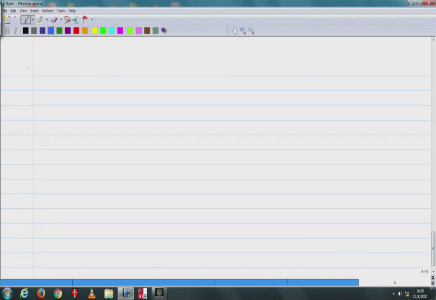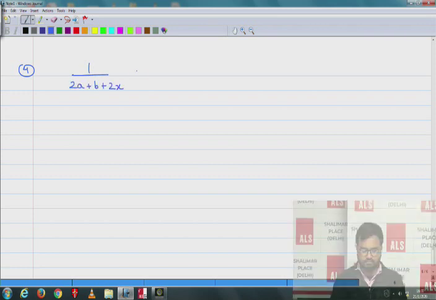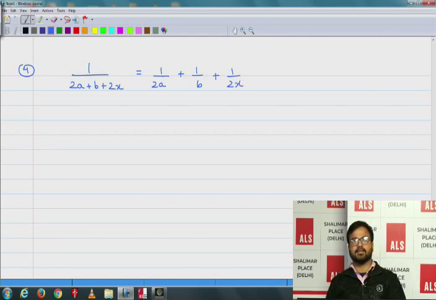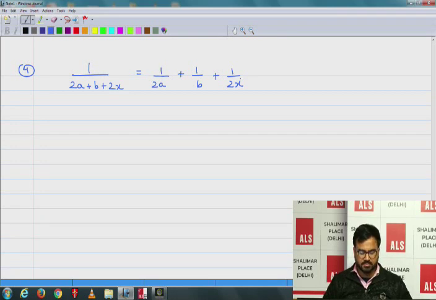Now try this question based on the quadratic equation. Find the value for x. 1 upon 2a plus b plus 2x is equal to 1 upon 2a plus 1 upon b plus 1 upon 2x.